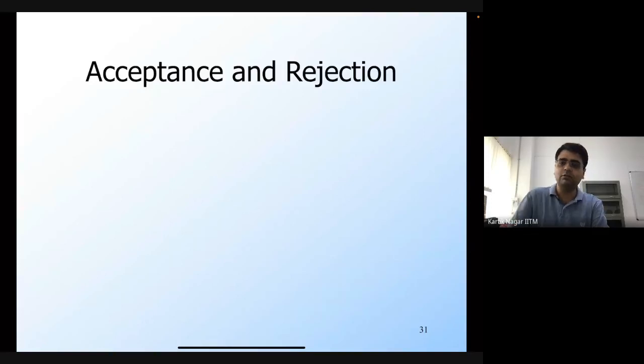So Sanjay is asking that it won't be beneficial. Yes, you are right that it won't be beneficial. If you want to reject some input, then you might decide to loop forever, because if you loop forever, you're not really consuming the input symbols.